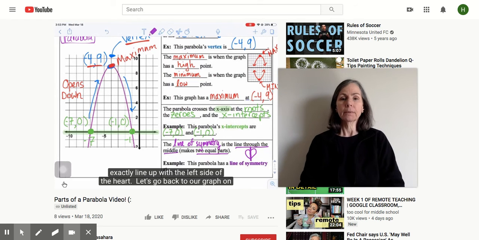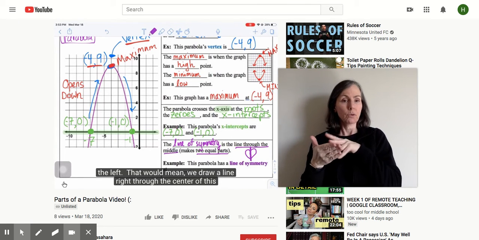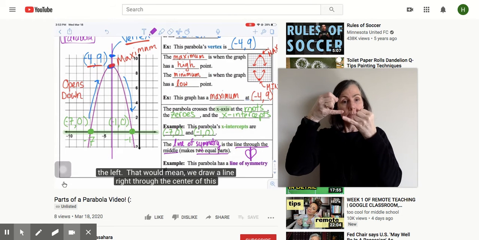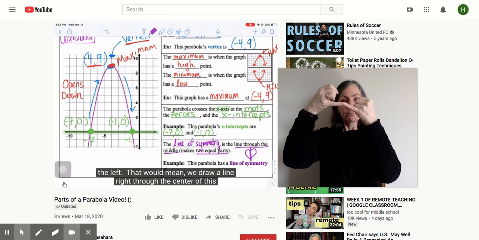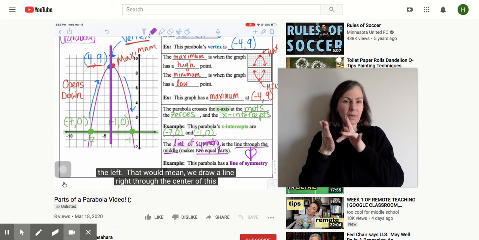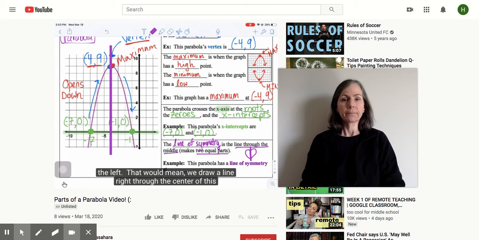Let's go back to our graph on the left. That would mean we draw a line right through the center of this parabola.